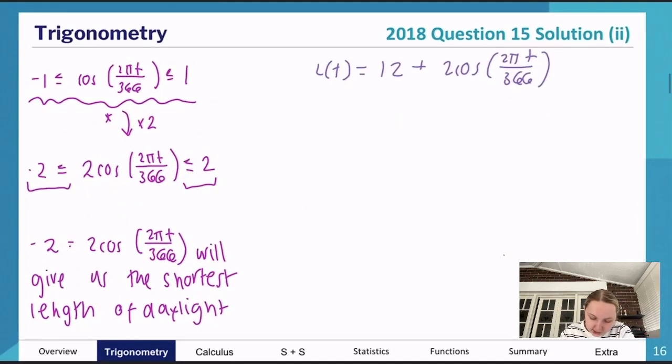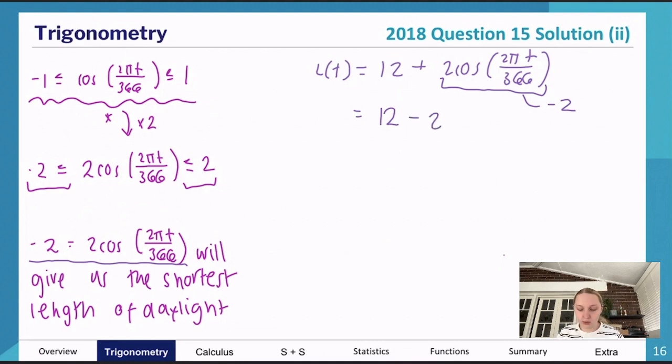And we've just said when 2 cos 2 pi t on 366 is equal to -2, that's when we're going to get our shortest length of daylight. So we sub in our -2. Sorry, we get 12 minus 2, which is then equal to 10 hours.